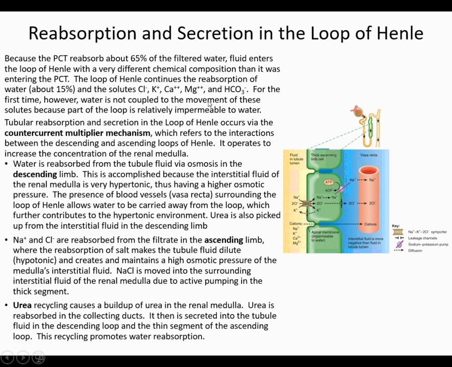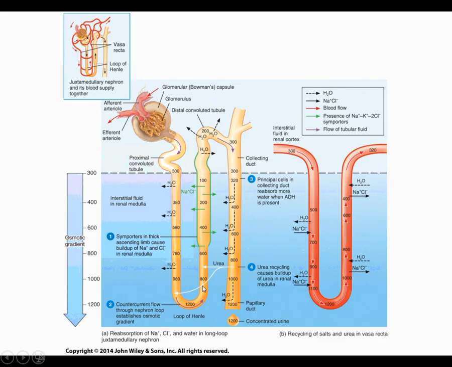Okay? That's because the thick segment doesn't like water passing through it. And remember, there are thick and thin segments of the loop of Henle. We can see those here on this page. You can see the thick segment here in the ascending limb, more thinner parts of the descending, and then the part of the ascending limb. Okay? Look what we're doing to water in the descending limb. Look what we're doing to sodium chloride in the ascending limb.